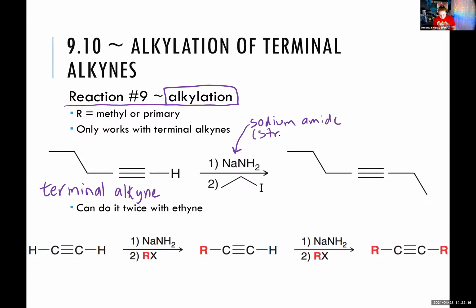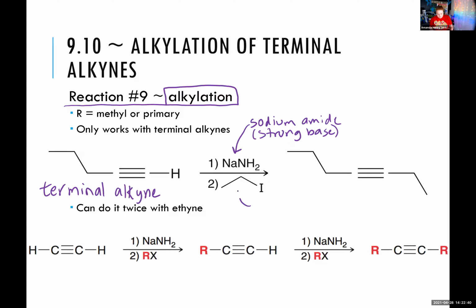It's a very strong base. So we talked about that we can use this as our strong base for this reaction because the conjugate acid that it produces is weaker than the alkyne hydrogen's acidity level. In the second step, we're going to react it with an alkyl halide.